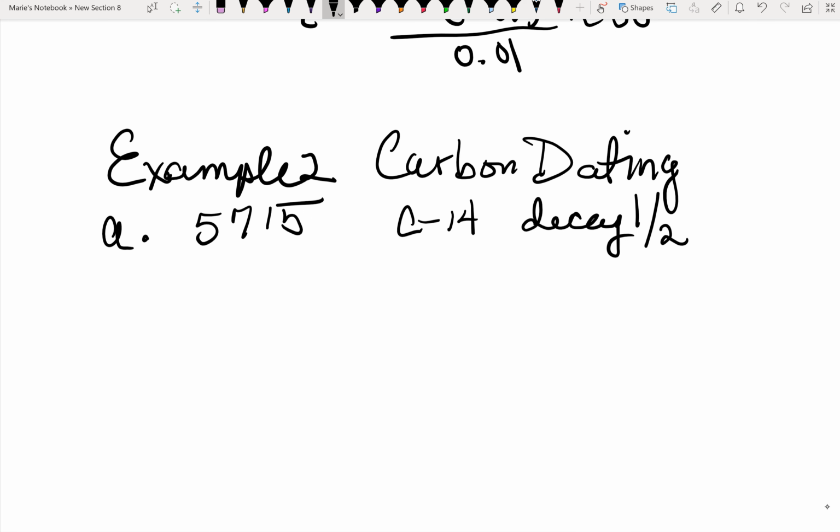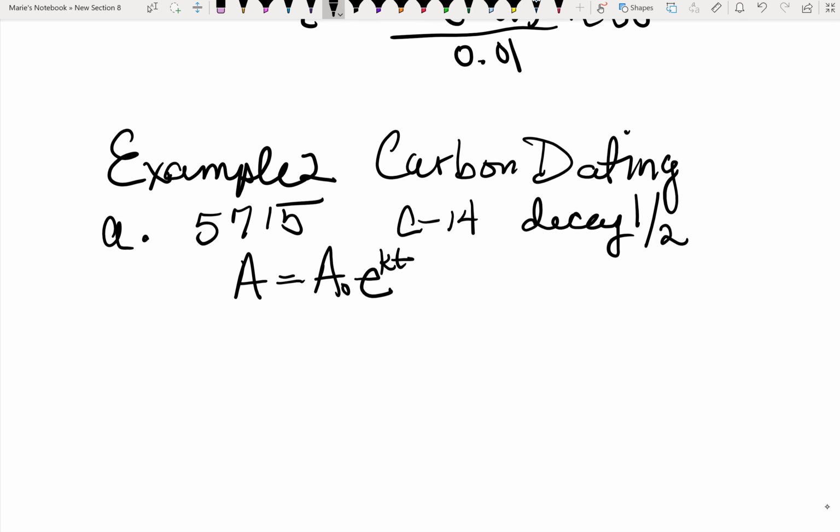Okay, so in this case, we want to set up the model. We know the original model is future value equal to the initial value times e raised to the k times t.